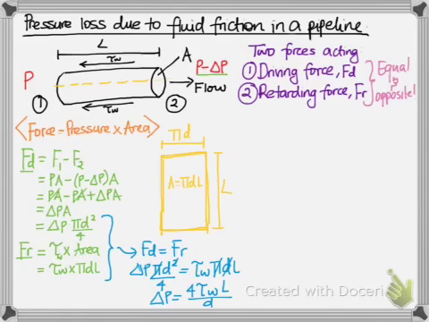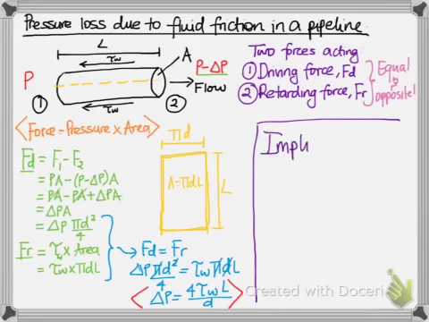Now, I'm just going to highlight this formula. What is the implication? What does that mean? Okay, so delta P we can see is dependent on the shear stress and also on the pipe geometry, and the shear stress is going to be dependent on the flow velocity.